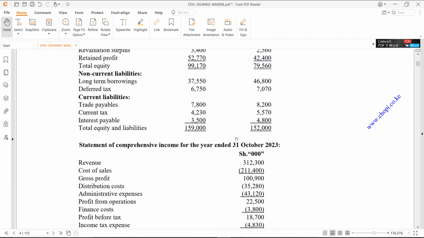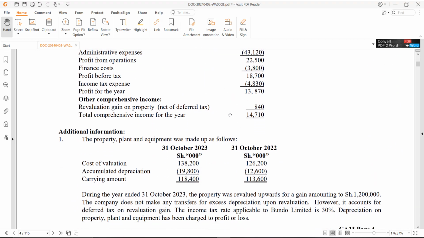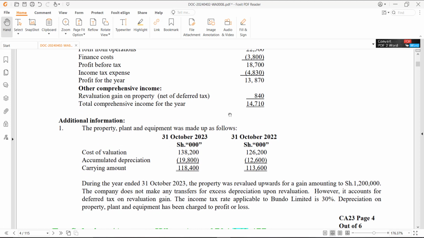From the additional information number 1, we are given that the property, plant and equipment was made up as follows. So we have the cost of the PPE for 2023 and for 2022. So we can go ahead and prepare the PPE account.